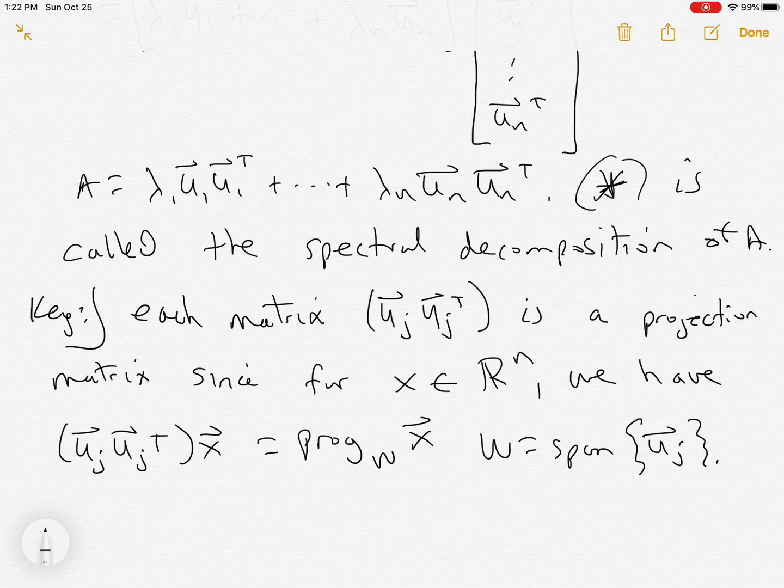And so the spectral decomposition projects vectors in Rn onto the span of the orthonormal basis vectors. And I should have here u sub j, j equaling 1 down to n.